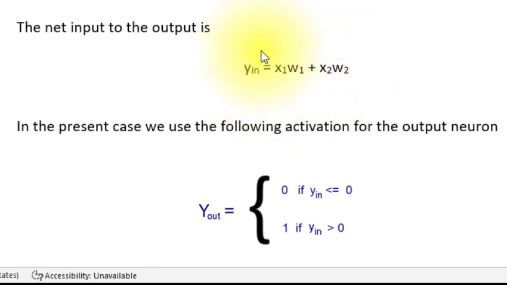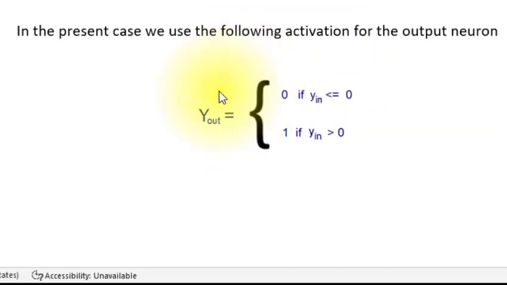This is the formula to calculate the net input in the neural network. Now after calculating the net input, we will generate the output from the neural network. To generate the output, we will apply the activation function.